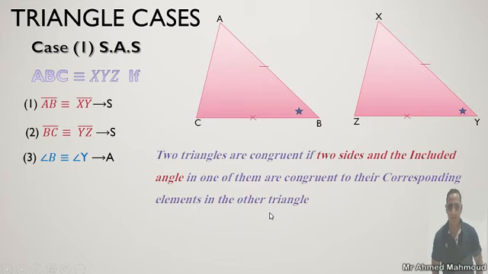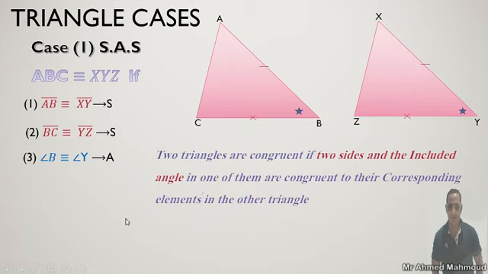Someone asked me a question: if angle Z and angle C are equal, but angle B and angle Y are not equal, then the triangles are not congruent, because the given angles C and Z are not included. They must be included.